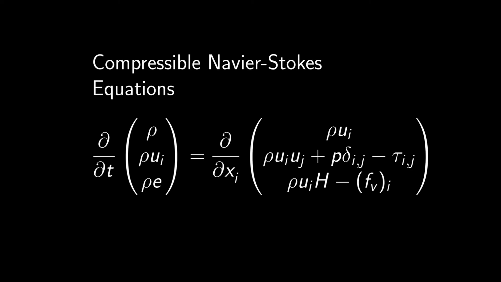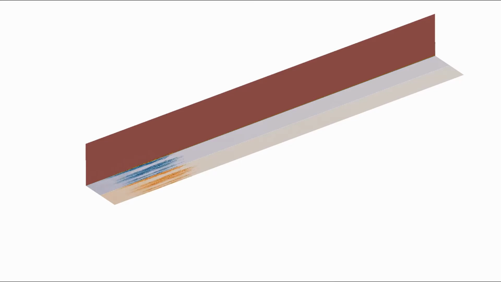In order to simulate the complex interaction of a hypersonic stream of air with a vehicle body that's moving through it, we employ something called computational fluid dynamics. In short, computational fluid dynamics simply means solving a set of governing equations that describe the motion of the air around the vehicle. Now, these equations are somewhat complicated, and solving them can be a challenge, mainly because air can become turbulent.